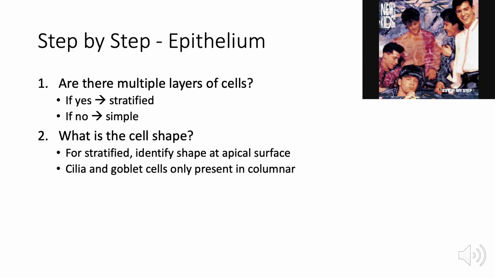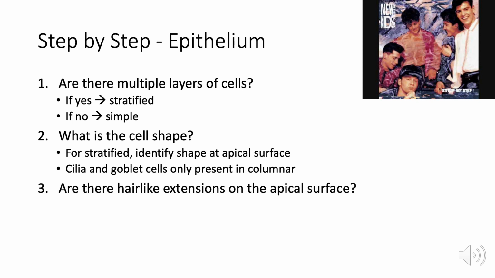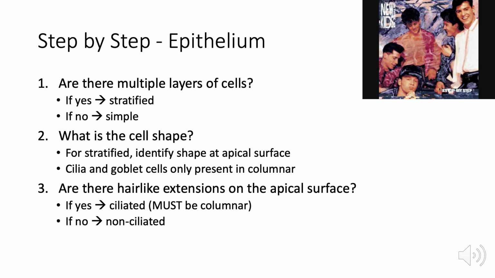Cilia and goblet cells are only present in columnar epithelium, so if you see either of those features, you know that it must be columnar. Also for columnar, if there are hair-like extensions on the apical surface, make sure you include ciliated, or non-ciliated if there are no hair-like extensions.